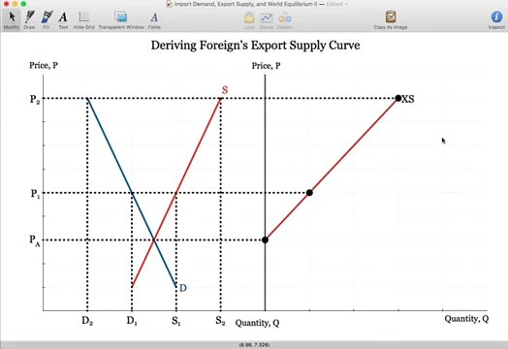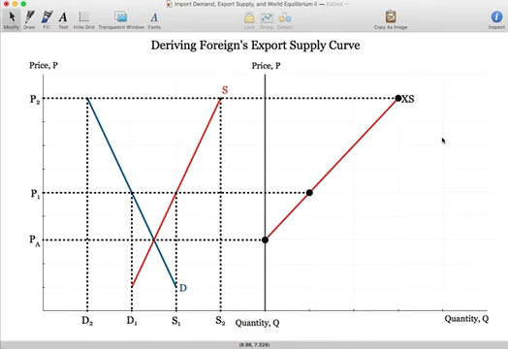So we realize that what we did here is we started at a point where the world equilibrium price was equal to this foreign country's domestic market equilibrium price. When they are equivalent, they have no export supply. The domestic quantity demanded is exactly equivalent to the domestic quantity supplied.